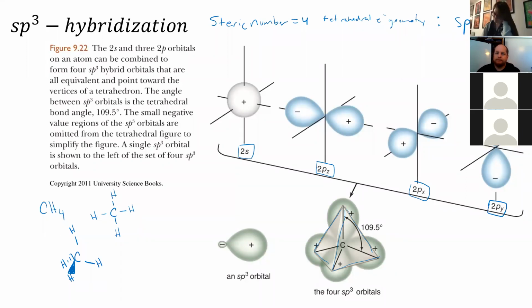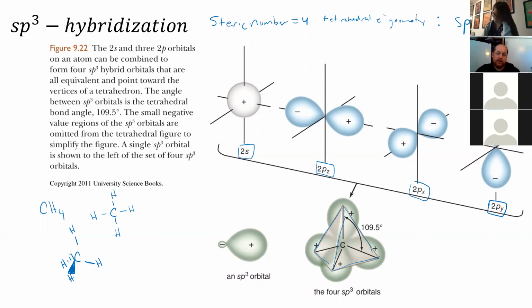Yes, Maya. Yes, I just have a question on trying to visualize the 3D model, like with using the wedge and the dash lines. I was trying to look in the book, and do they show it a different way, because I don't see any wedges or dashes? They may not show it that way in this book.